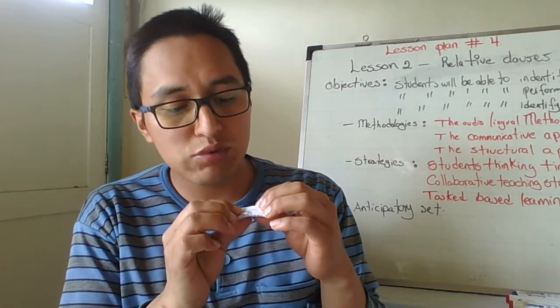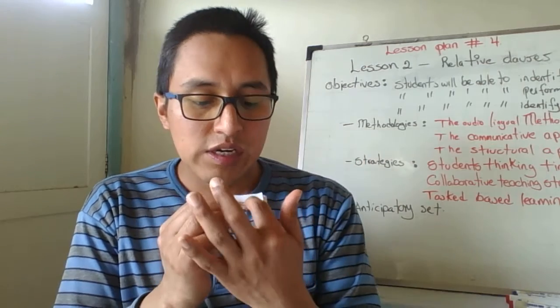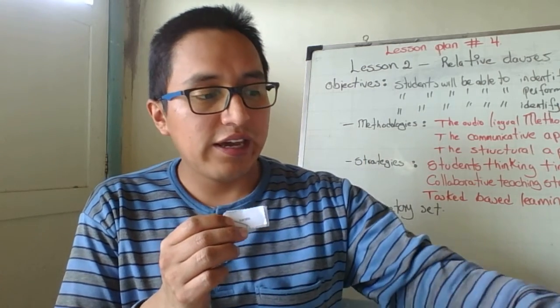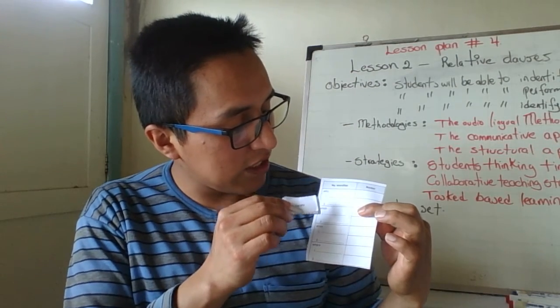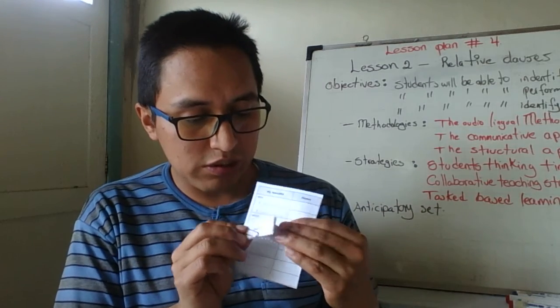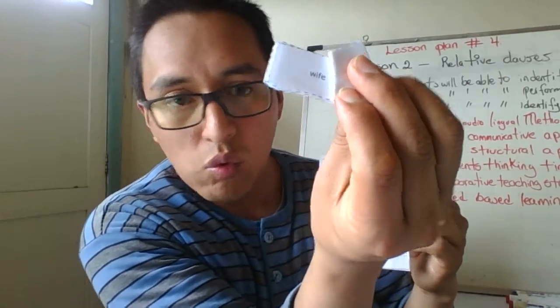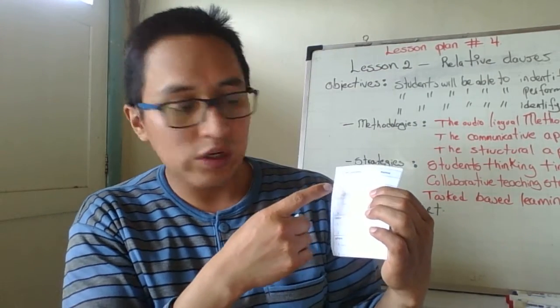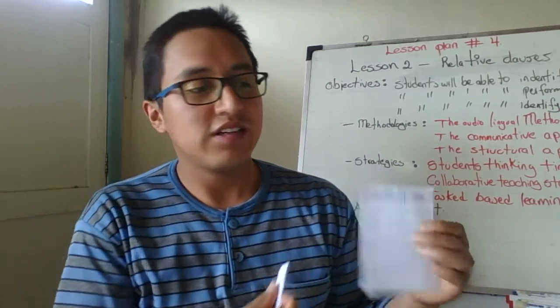Students have to read and classify in here. My word list is who, which, when, or where. For example, this is a wife. This is wife, and this is a who. And you have to classify and write the name.